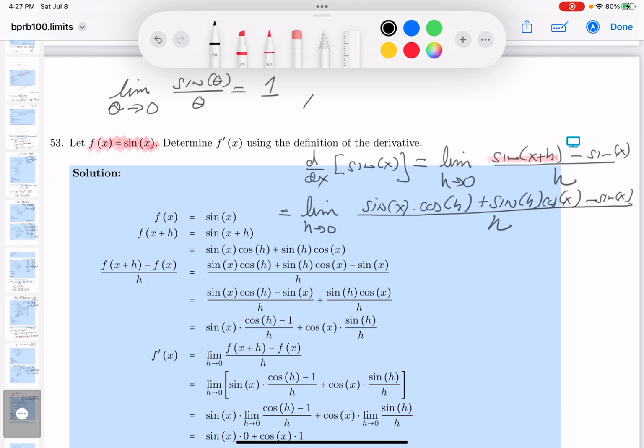Another limit that you should know about: the limit as theta goes to 0 of cosine of theta minus 1 over theta is equal to 0. I'm sorry, not h, I got h in my mind. Let me erase that. All right?